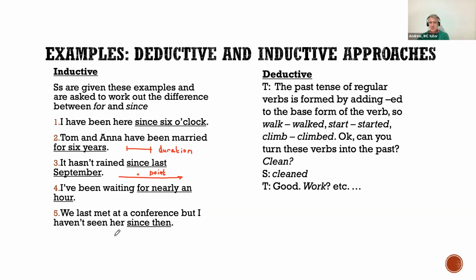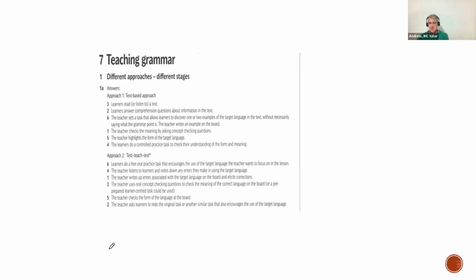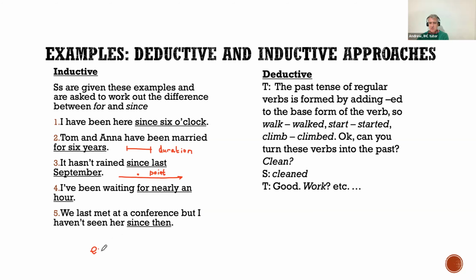So actually with this we've got examples first. And then they work out the rule themselves, don't they? Or try to. Now, if they can't work out the rule, we can give them clues.